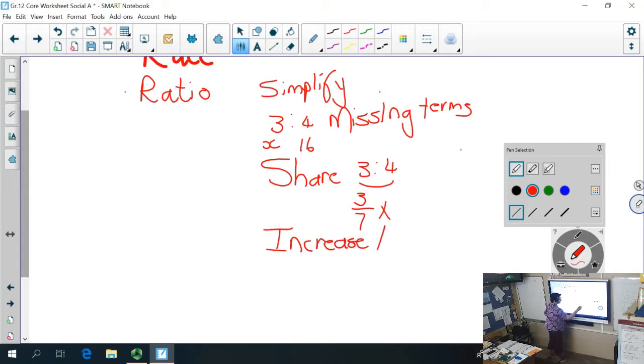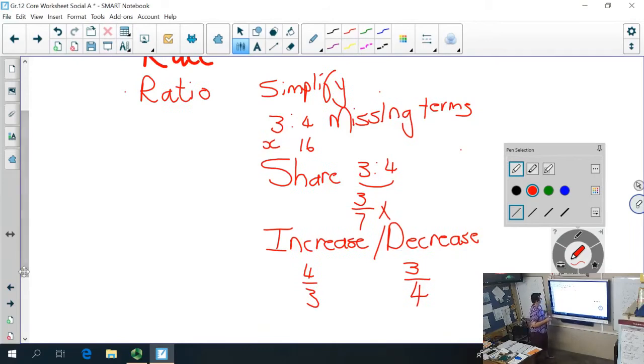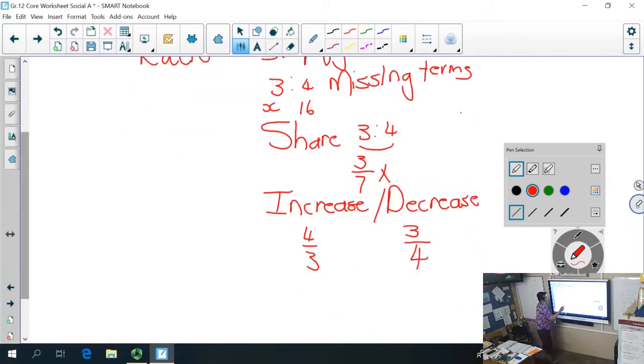What do we do when we increase? The biggest one is at the top. No, you don't add them. You put the biggest one at the top, so then it's 4/3. If you want to decrease, you put the smallest one at the top, and there's an automatic increase or decrease on that one.